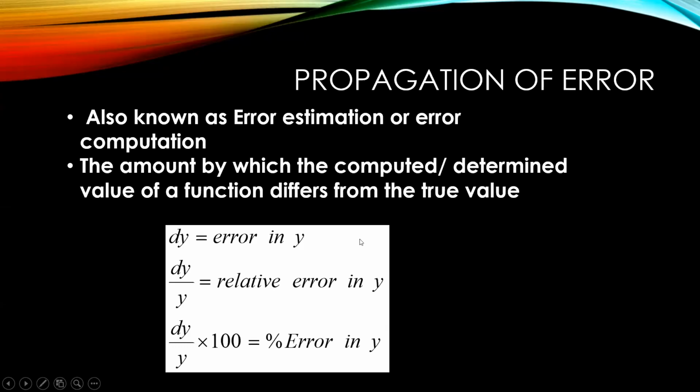So, for example, let's just say you bought something. It says that for every 100 grams, it costs 100 pesos. So you know that it's 100 grams because the weighing scale said so. However, you notice that when you went home, it's not actually 100 grams. It's actually 98 grams.